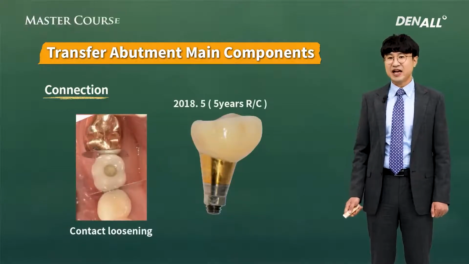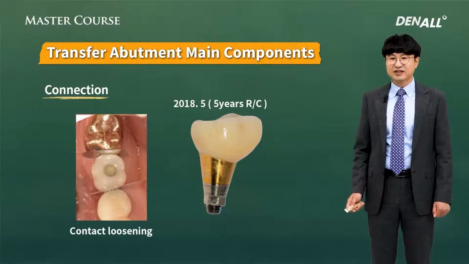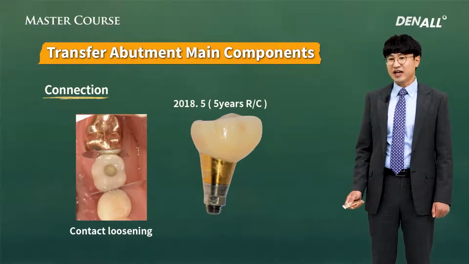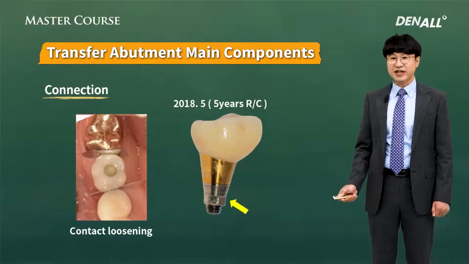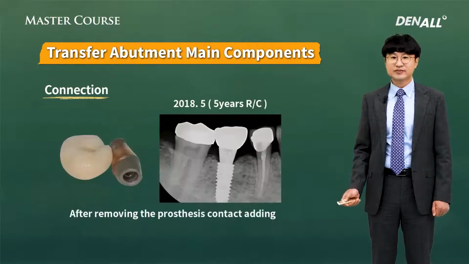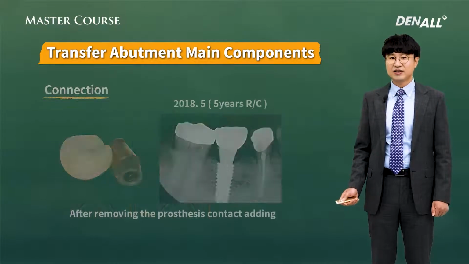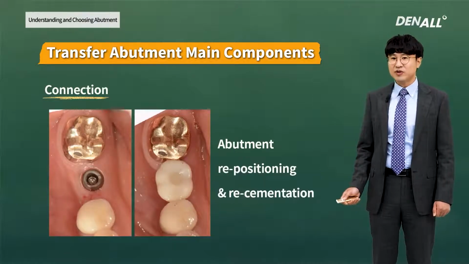Let's look at a clinical case. Over time, the contact is lost. Due to the type of the prosthetics, it was easily removed. Can you see the hex form indicated by the arrow? At a lab, the contact was modified, and using the hex structure, the abutment was repositioned easily.